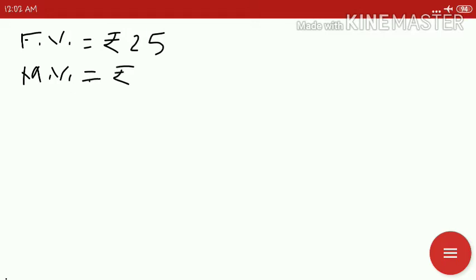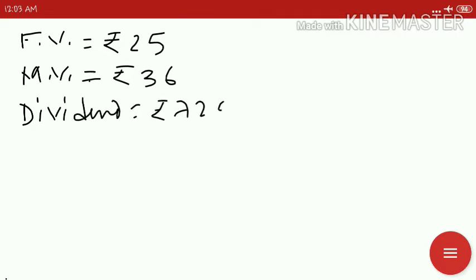From the given question, we have collected the data: the face value rupees 25, the market value rupees 36, the dividend rupees 720, and the rate 12%.